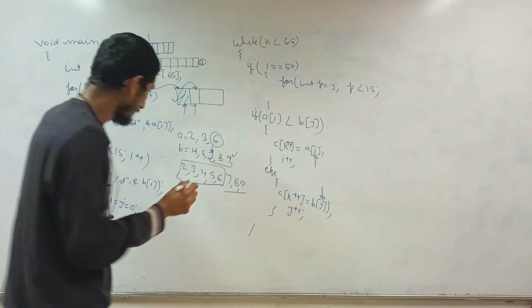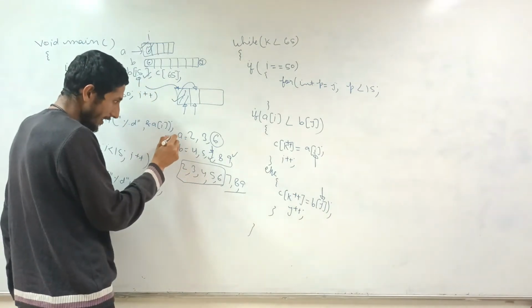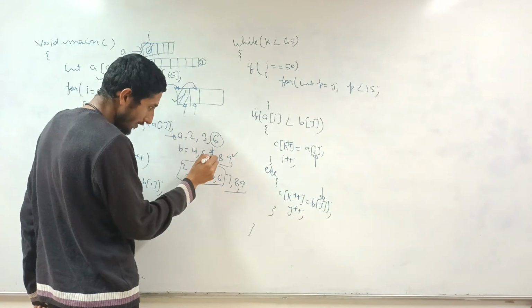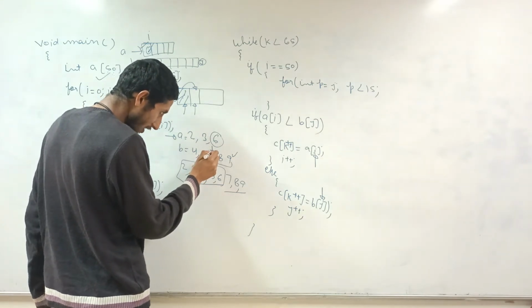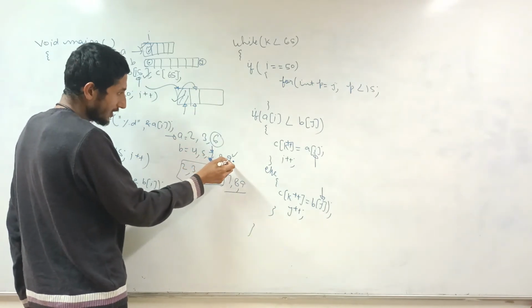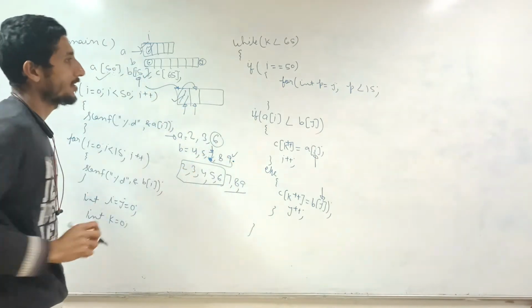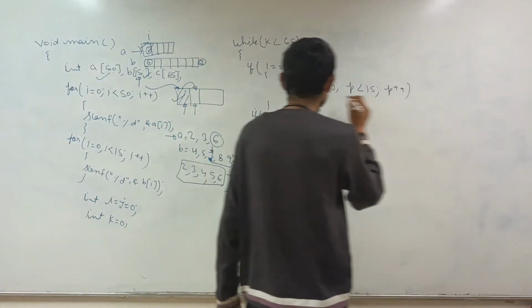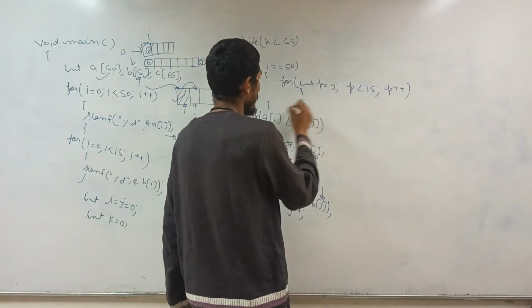It means if the elements of this array are over, you have to start copying the array with index j till the length of this array. In this case it is 15. So I will write 15. P plus plus.